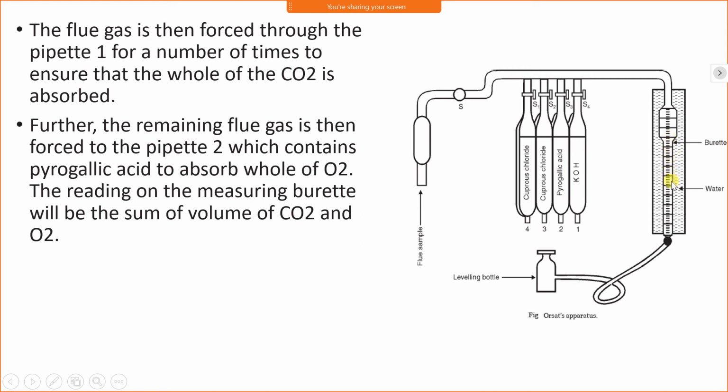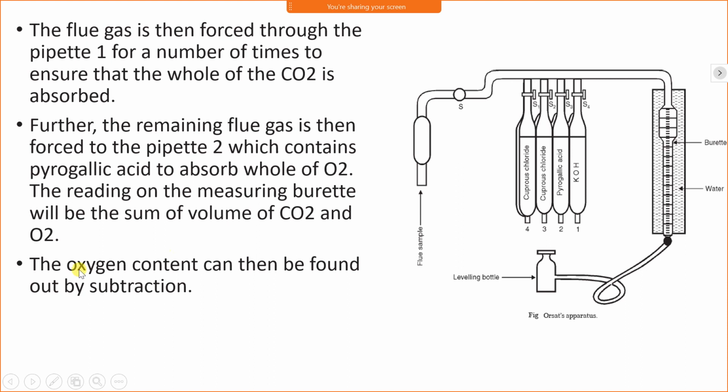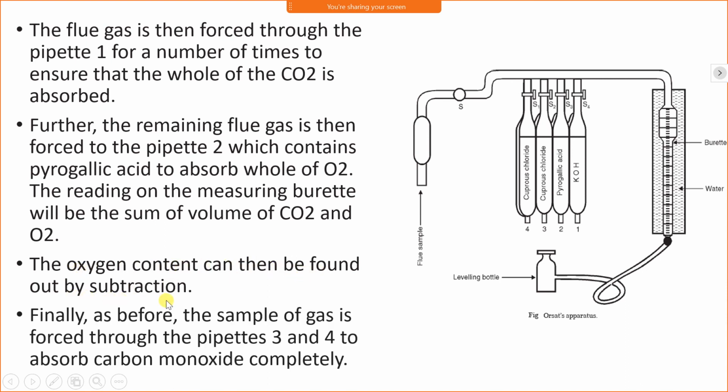The reduction in the quantity of gas is the total volume reduced in pipette 1 and pipette 2, meaning the volume reduced in the burette indicates the sum of carbon dioxide and oxygen. From the first reading, if we subtract the second reading, we will get the amount of oxygen. The oxygen content can be found out by subtraction.